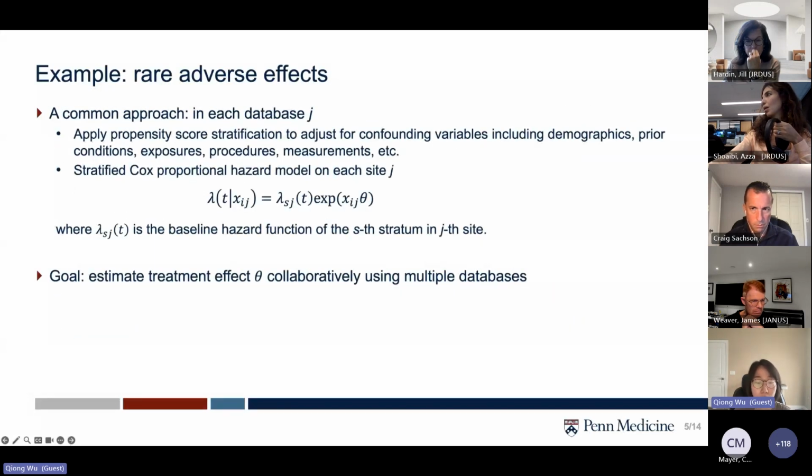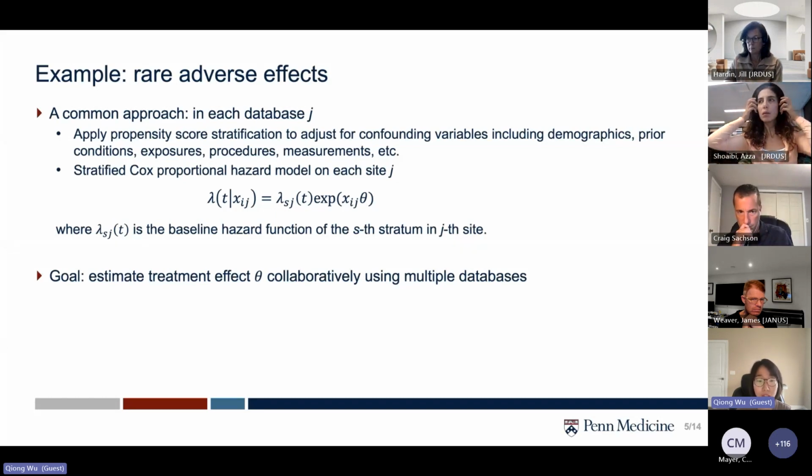One common approach to estimate the comparative effect is that we first apply propensity score stratification to adjust for confounding variables. It can be a list of high-dimensional confounding variables, including demographics, prior conditions, exposures, and center. After that, within each propensity score stratum, these confounding variables are relatively balanced, and we condition on these propensity score strata to conduct outcome regression.